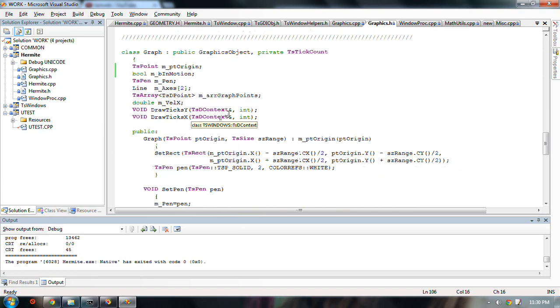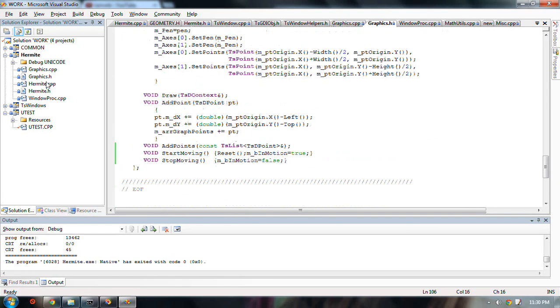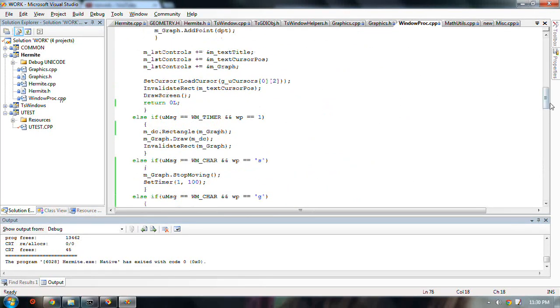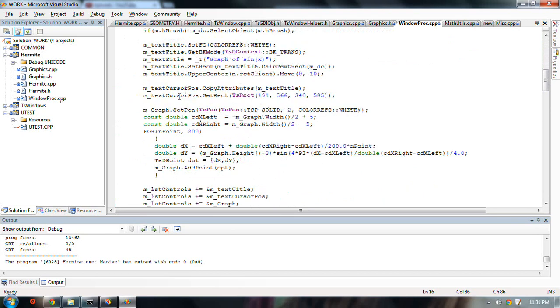Most of the difficulty was in just drawing the graph, and then I decided to give it a function to display, and here's the function I gave for it to display.